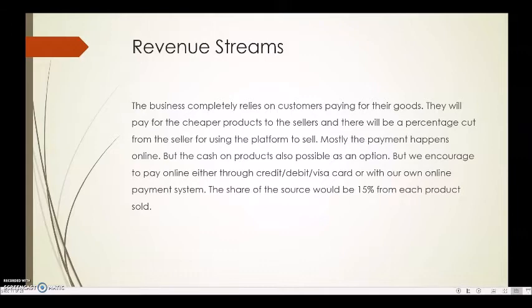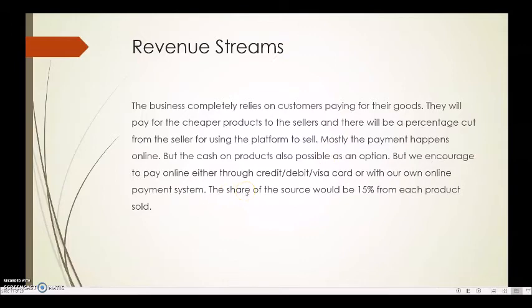For the revenue streams, we think the business completely relies on customers paying for their goods. That's why we are keeping as many options as possible so that they have flexibility in paying their money. We encourage them to pay online, through credit card, debit card, or Visa card, or anything.